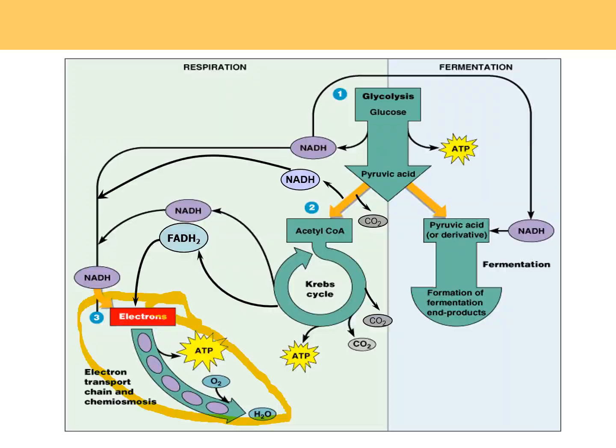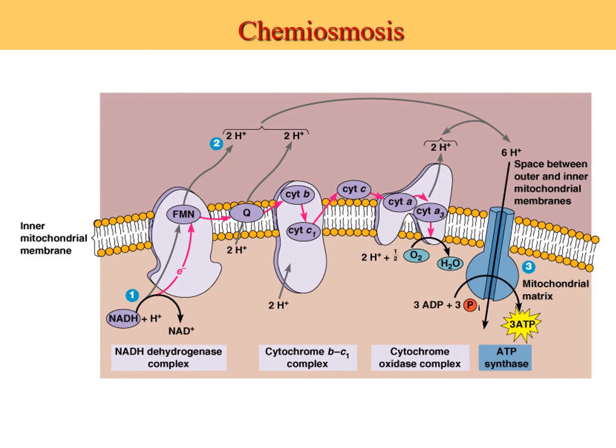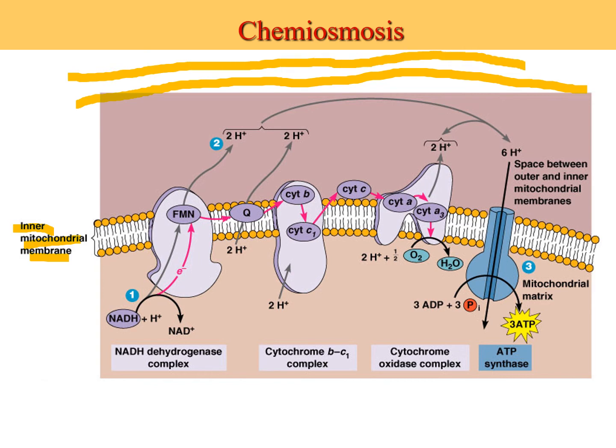And the next few slides look into that. What you see here is the inner mitochondrial membrane. Remember, I told you mitochondria have an outer membrane and an inner membrane. The outer membrane is out here. Let's draw it like this as an outer membrane. It's a phospholipid bilayer, just like this is the inner membrane, also a phospholipid bilayer.